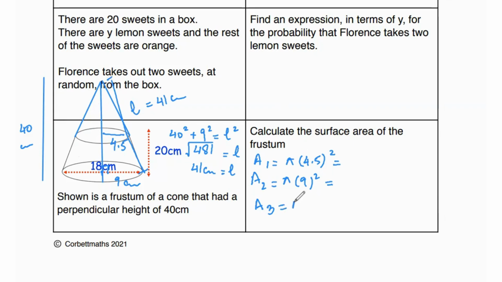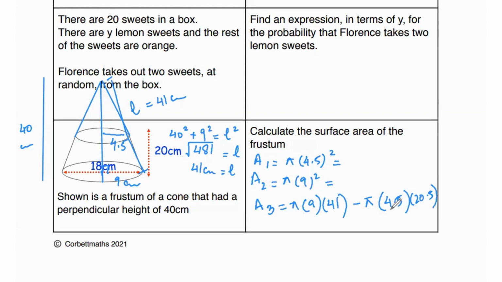So that's going to be pi times 9 times 41 minus pi times 4.5 times 20.5. Why 20.5? Like I said, the shape was cut into 2 equal parts, which means since the perpendicular height of the entire cone was 40 and that of the frustum is 20, the perpendicular height of the top part of the cone is also 20.